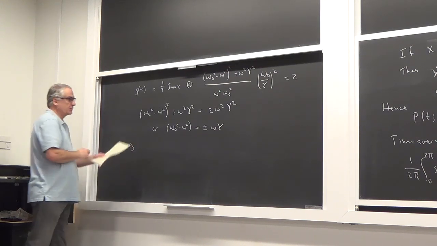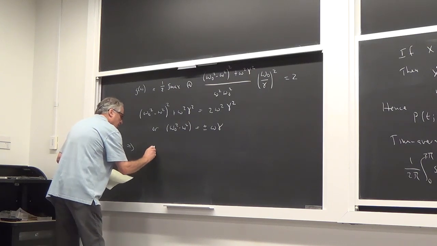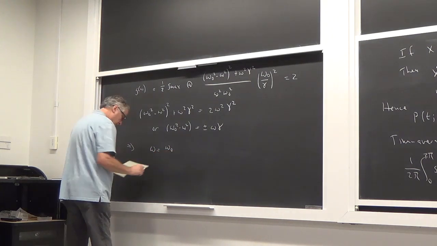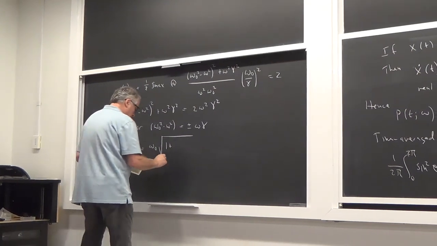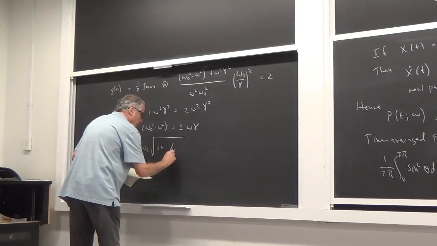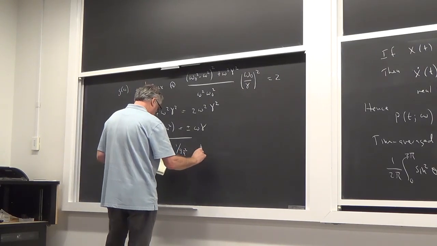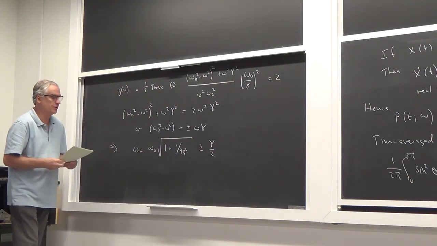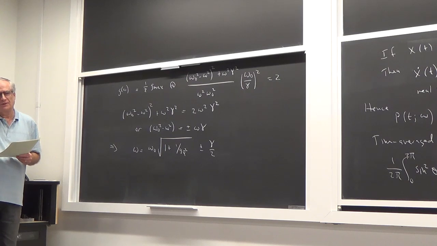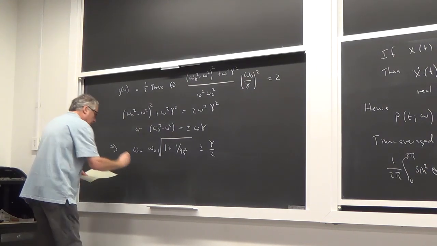So if we solve this quadratic equation, easy one to solve, I get omega is just equal to omega naught times 1 plus 1 over 4 q squared plus or minus gamma over 2. So I've used the fact that q is omega naught over gamma in doing this.